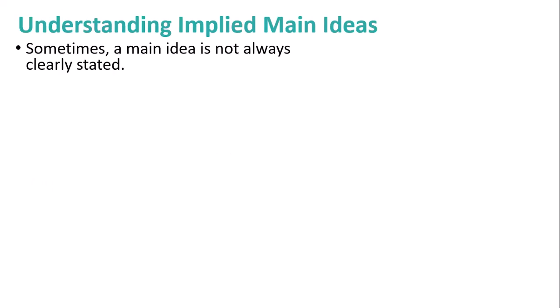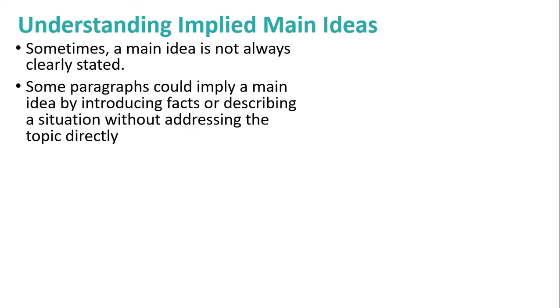When you have these implied main ideas, it means that the main idea is not clearly stated. So it's up to you to kind of figure out what the author is trying to say. Some paragraphs could imply a main idea by introducing facts or describing a situation without addressing the topic directly.